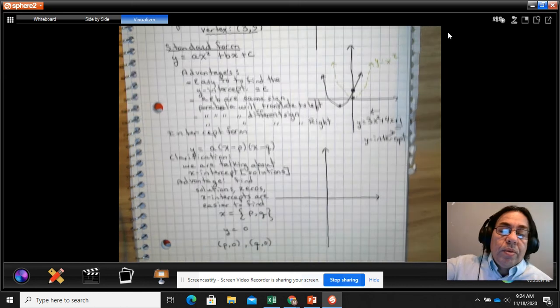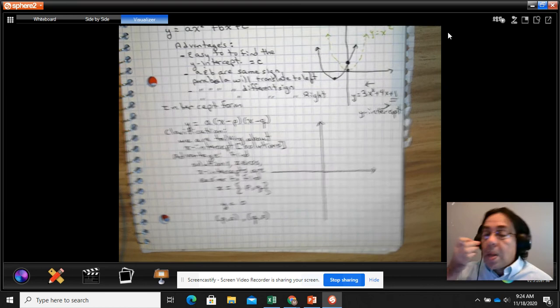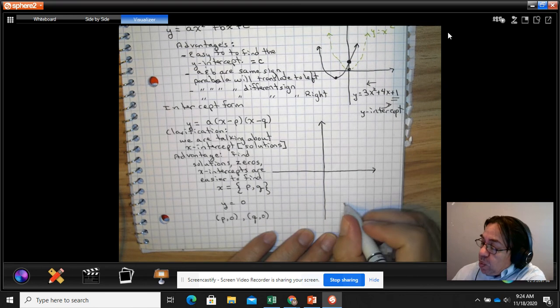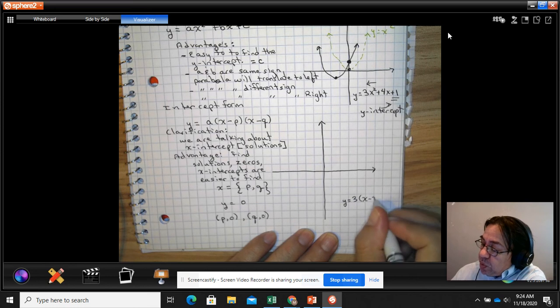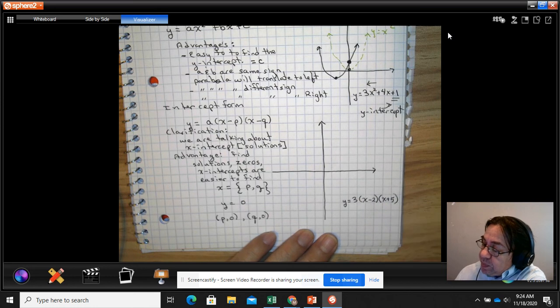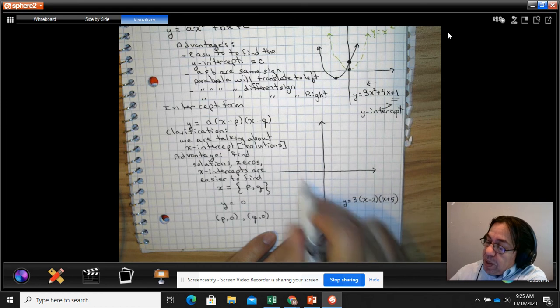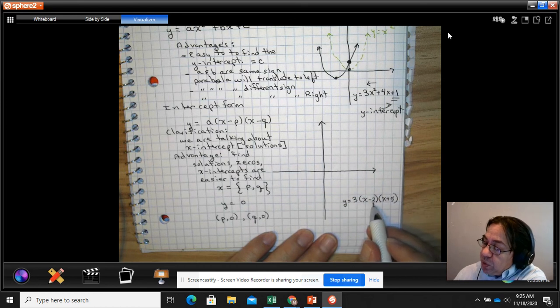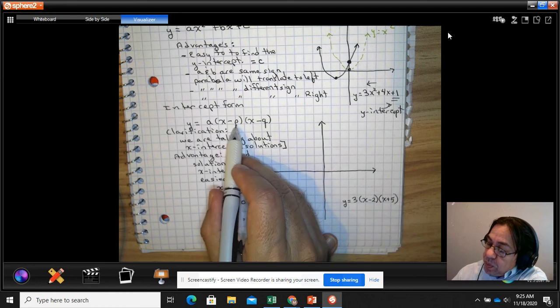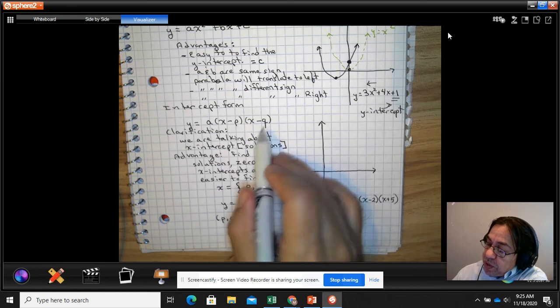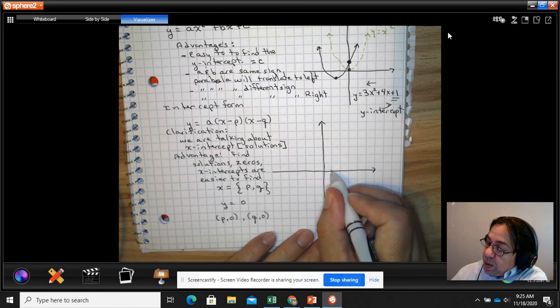So we'll look at an example. If you have an equation that says y is equal to 3 times (x minus 2) times (x plus 5), we know that the graph is going to cross through the point positive 2, because you change the sign.